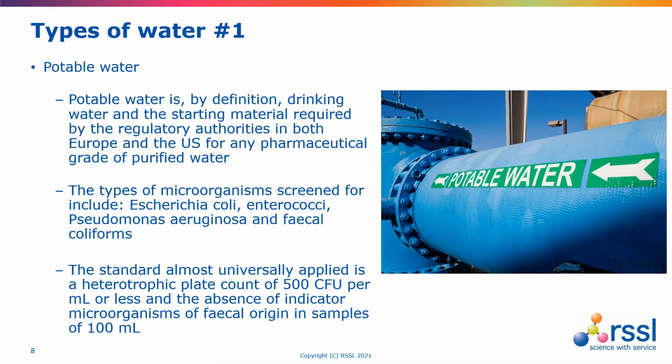So to begin with, we'll have a look at the different types of water that are found in pharmaceutical facilities. We begin with potable water, or what's sometimes called mains water or towns water. Within the UK this would be the drinking water supply, but in other parts of the world it might be water that's drawn from a well of some description.